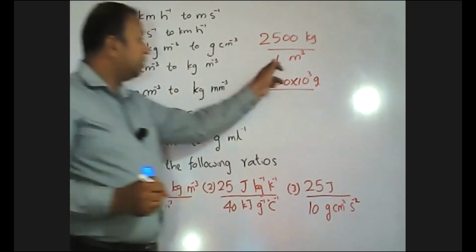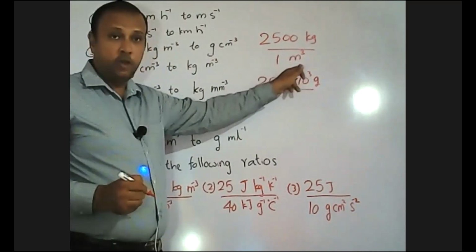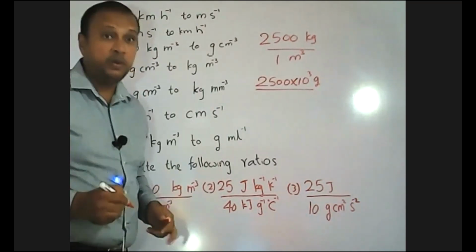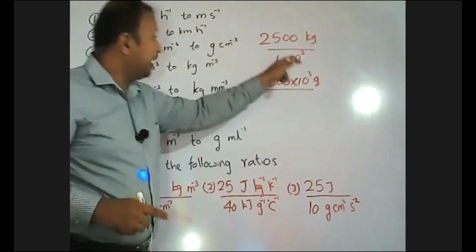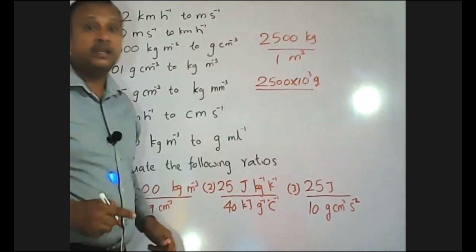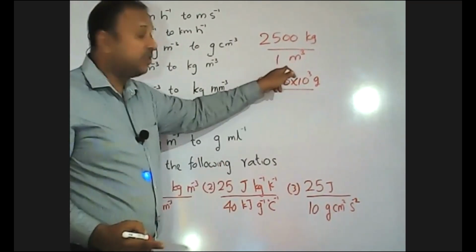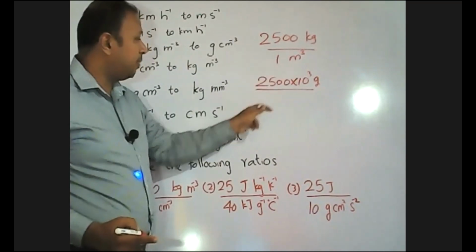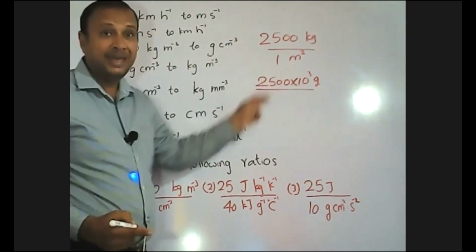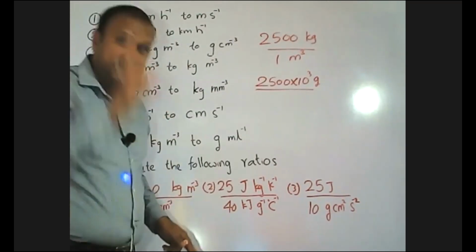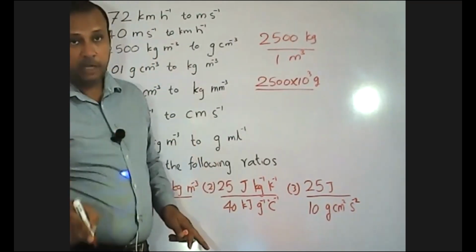Then 1 meter cube into a centimeter cube. Again, large scale into a small scale. But there are 3 meters, meaning 1 into 1 into 1. There are 3 m's, so we have to convert each meter into centimeter.